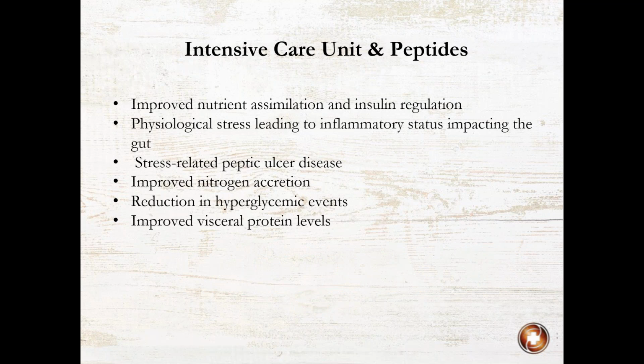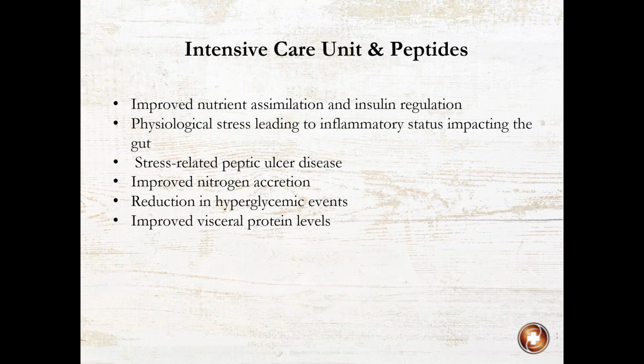So the role of peptides in the intensive care unit: we know that whenever we have patients that are critically ill, that will lead to physiological stress, which will cause inflammation, and any kind of inflammation will definitely impact our gut.